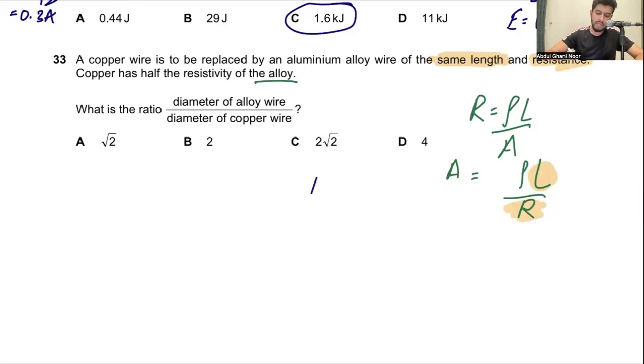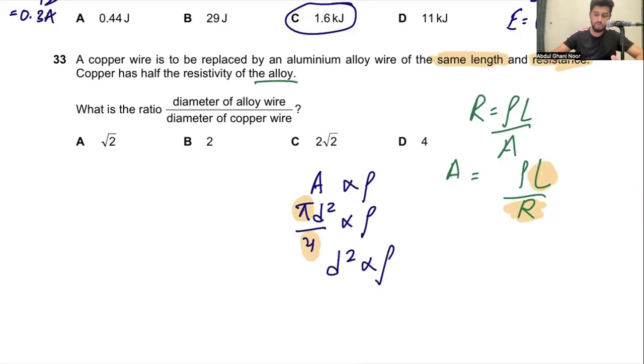I know that their area is directly proportional to resistivity. And because area is pi d squared upon 4, I can say pi d squared upon 4 is directly proportional to resistivity. And since pi is a constant, 4 is a constant, d squared is directly proportional to resistivity.